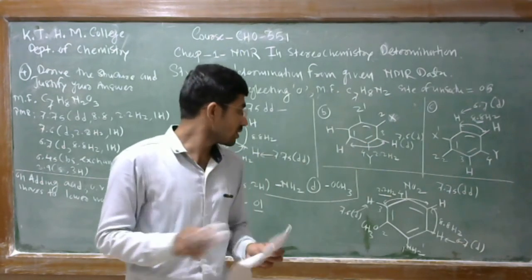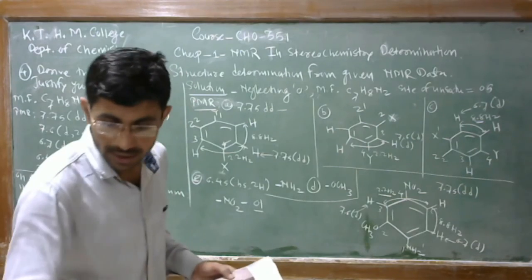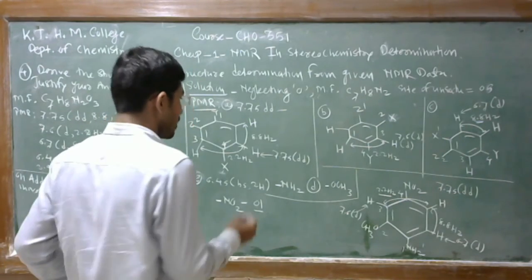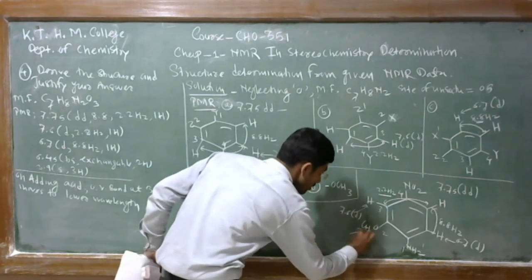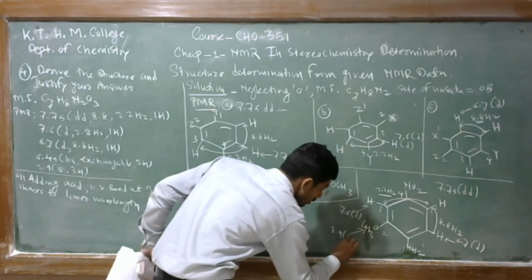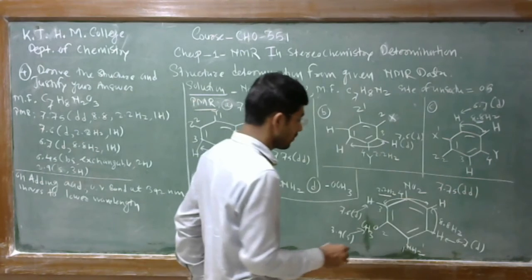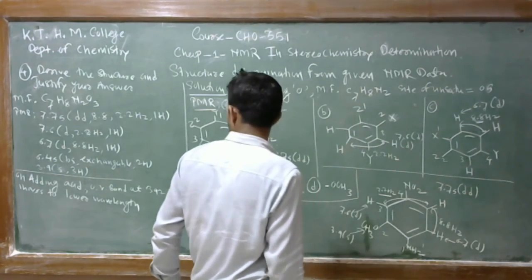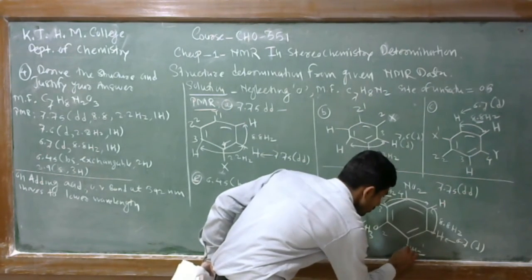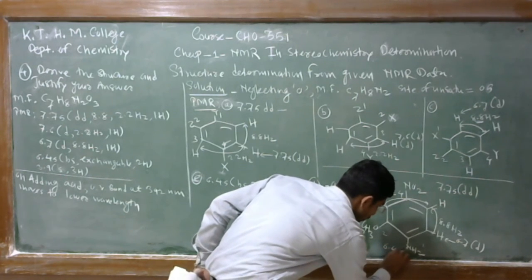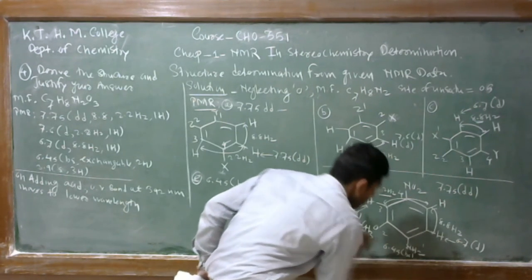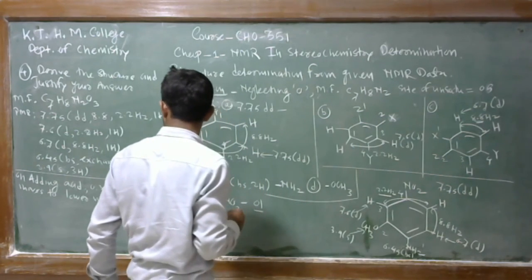Okay, so in this way we can assign the aromatic protons, and the remaining assignment: 3.9 for this methoxy group. For NH2, 6.45 broad singlet, we can assign the value.